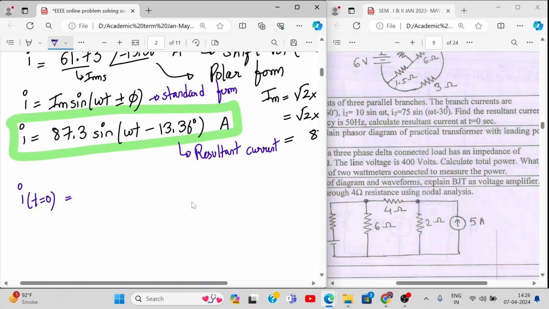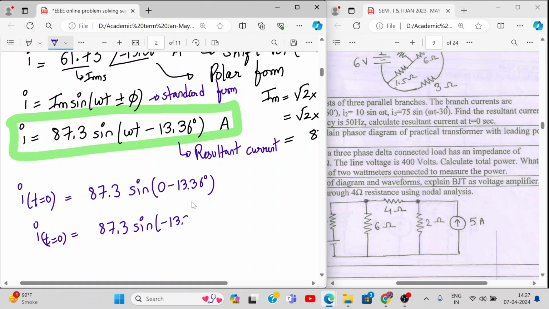Tell me. Wherever t is there, substitute 0. So it will be 87.3 sine of 0 minus 13.36. Yes or no? Calculate this. 87.3 sine of minus 13.36 degrees.